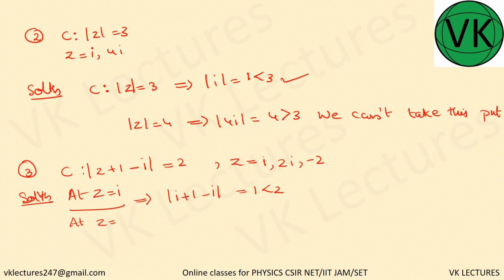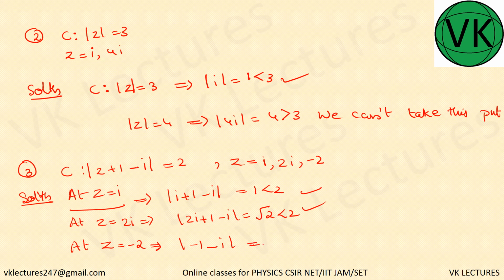At z = 2i, |2i + 1 - i| = root 2, which is less than 2. So we can take this, we can take this. At z = -2, |-2 + 1 - i| = root 2, which is less than 2. So we can take this. So we can take all these points.